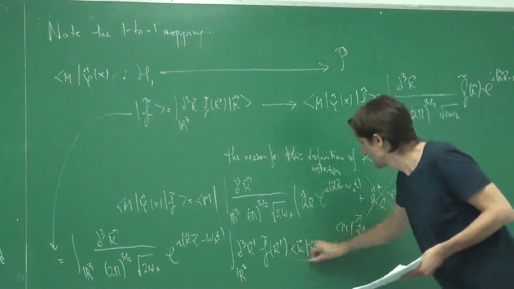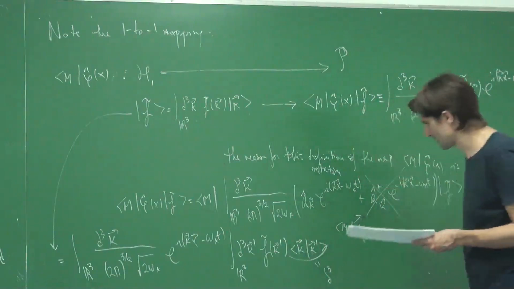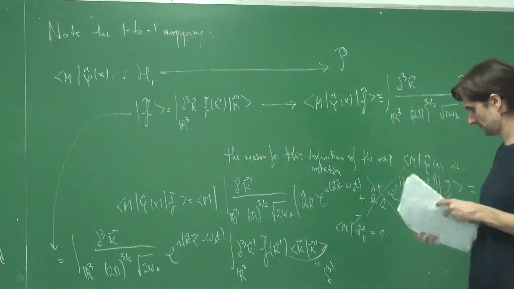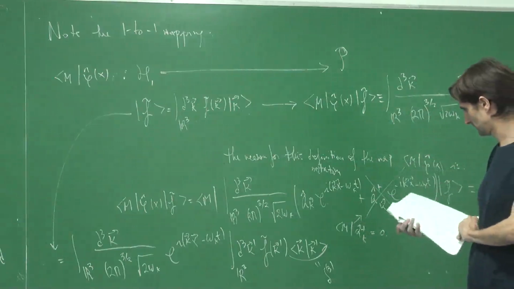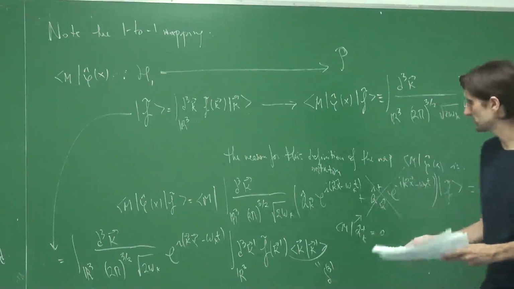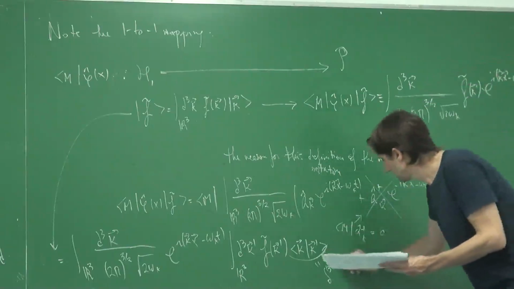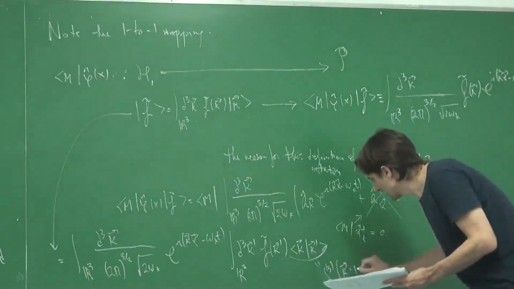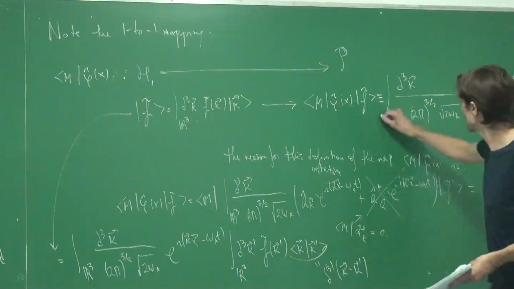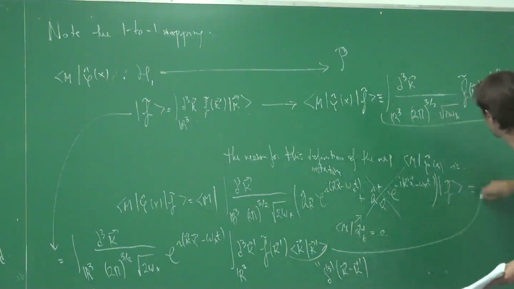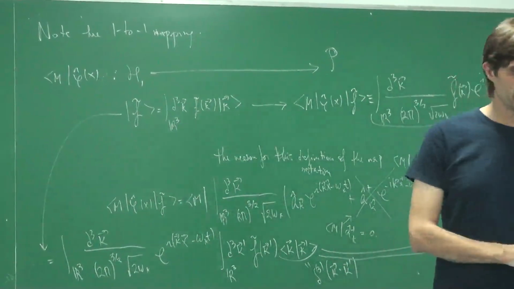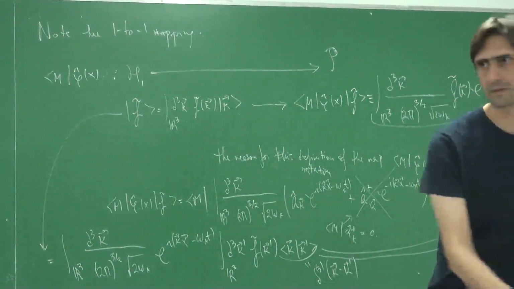And this is just K minus K prime, which is just this. I should have defined the inner product first, but I'll do this in a second. I still didn't say what the inner product is.